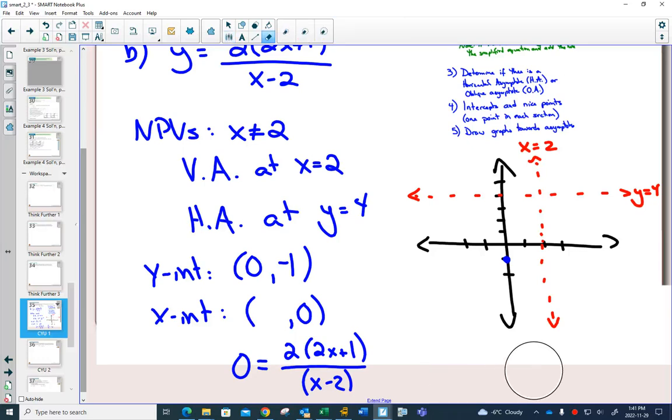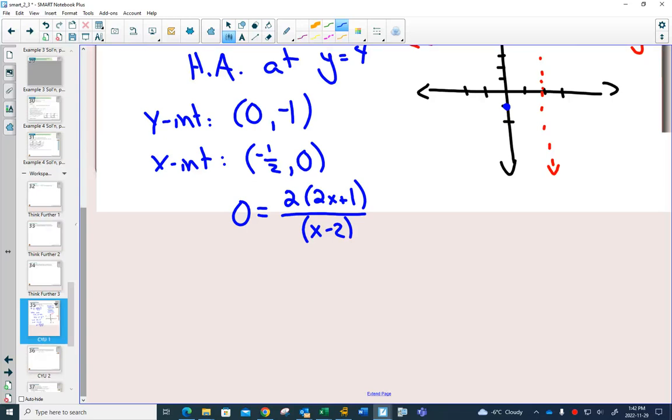So I have a lot of students in this section who just look at the factored form and can already see that this has to be negative a half, because it's already factored. If you wanted to do this algebraically, the first thing I would do is say, multiply both sides by x minus 2. Can you see that that would cancel out the x minus 2?